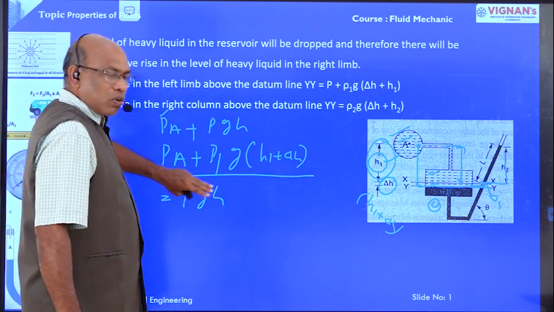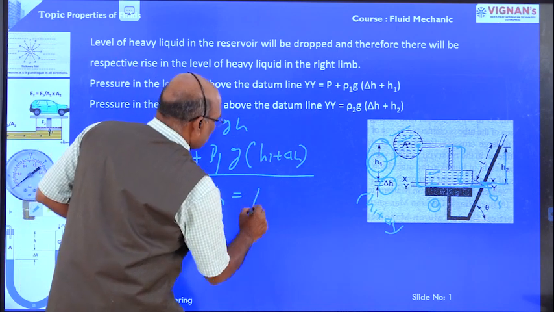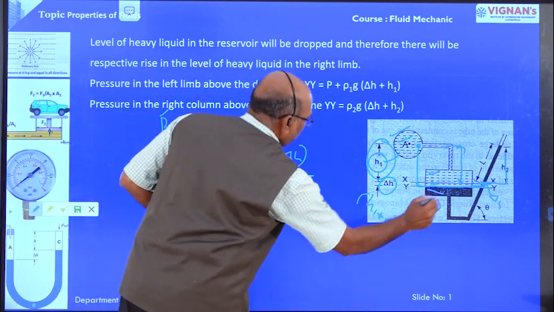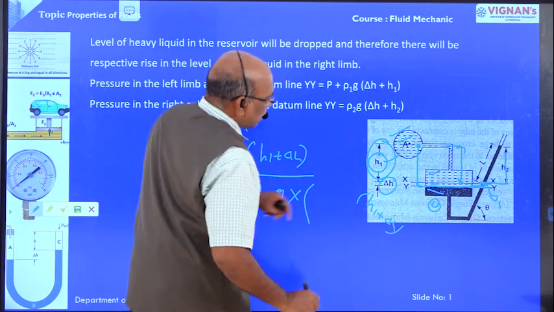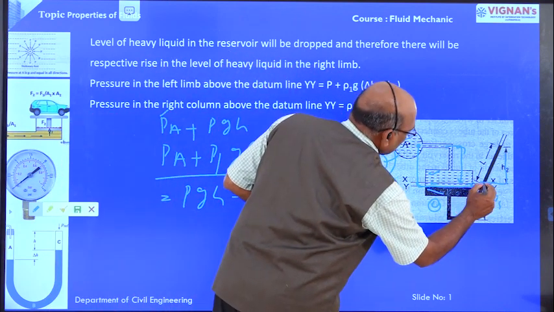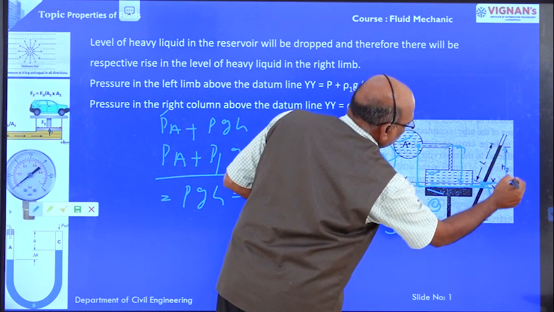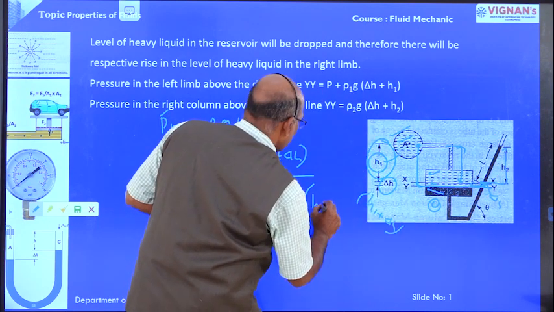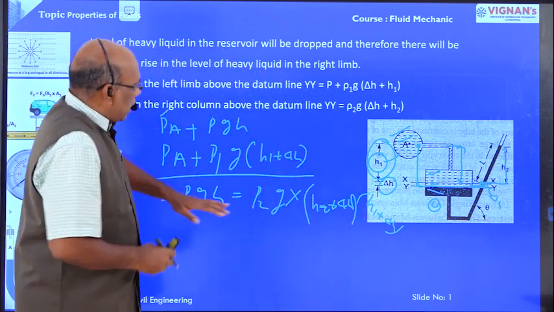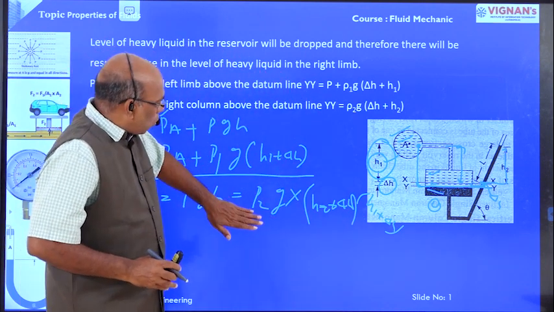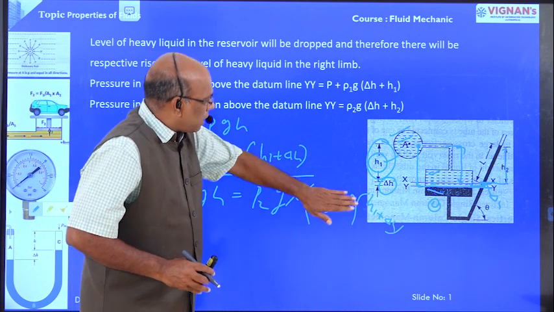This rho is rho 2, the density of the heavy liquid. G is G, and H is delta H plus H2. These are the right side pressures. Right side pressure is rho 2 G (H2 plus delta H).